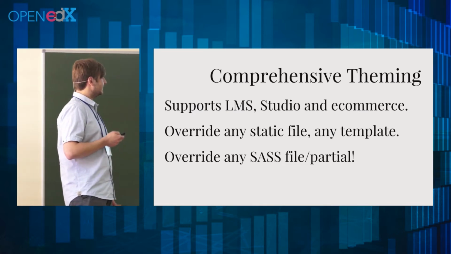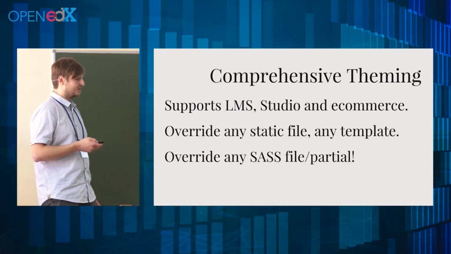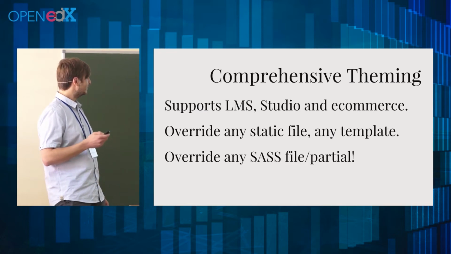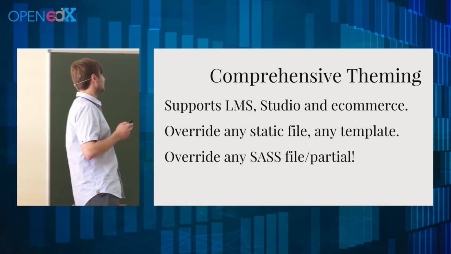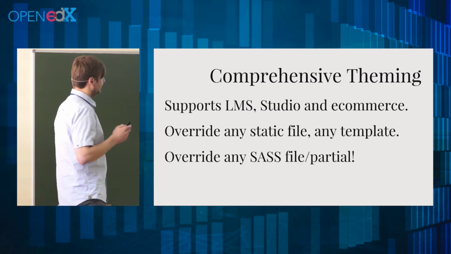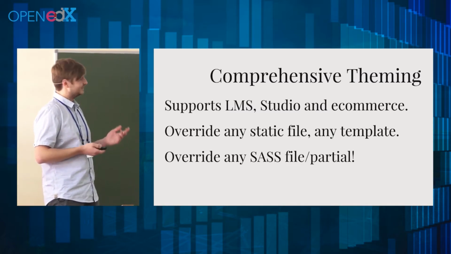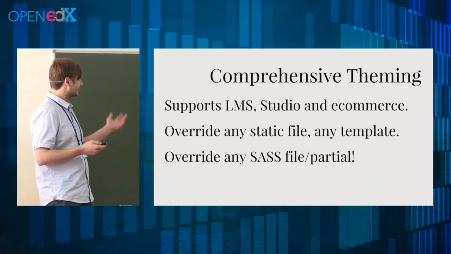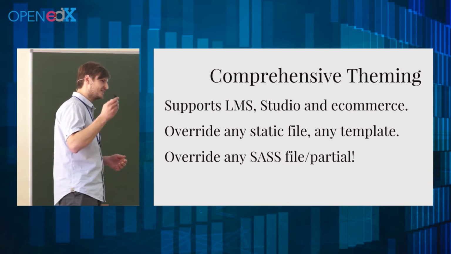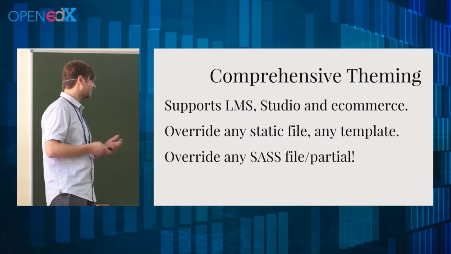It lets you overwrite any static file and any Django or Mako template, just like Stanford, but it also lets you overwrite any SASS file or partial. This is nice because it makes all three aspects of theming, static files, templates, and SASS, very consistent.